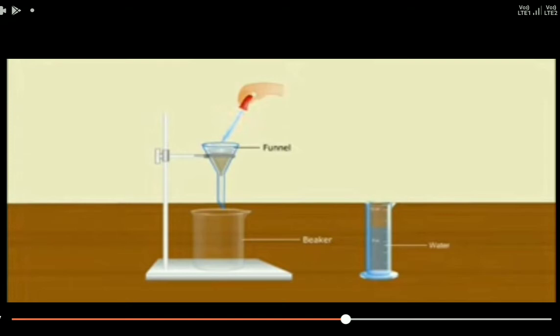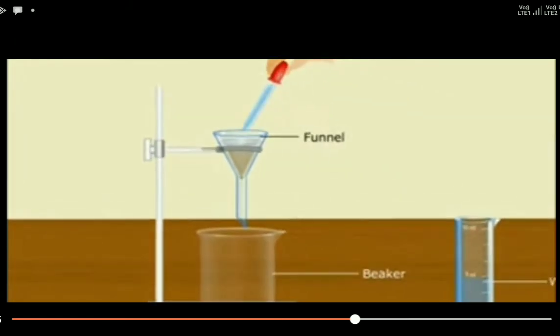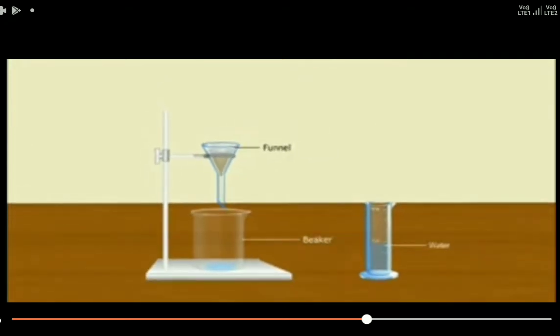So how many drops do we have to put? We have to keep on putting the water into the funnel until you see a drop of water coming from the funnel into the beaker.